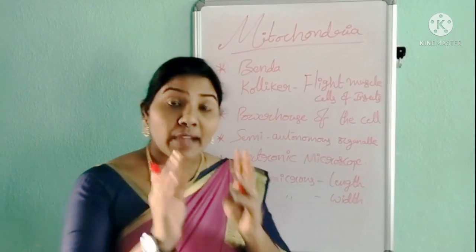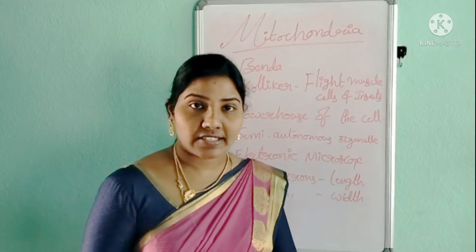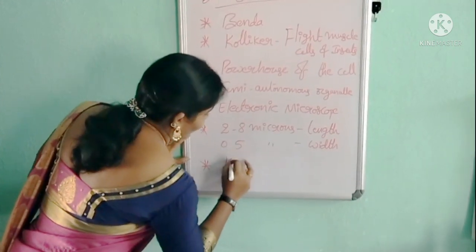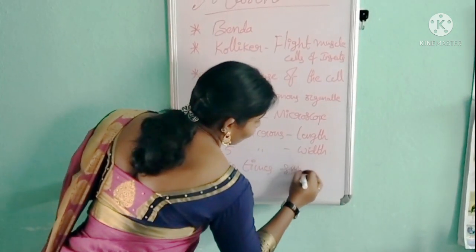Then the mitochondria are 150 times smaller than the nucleus.